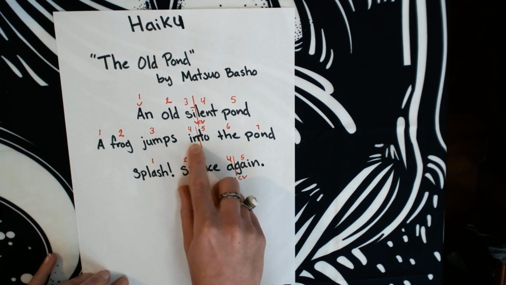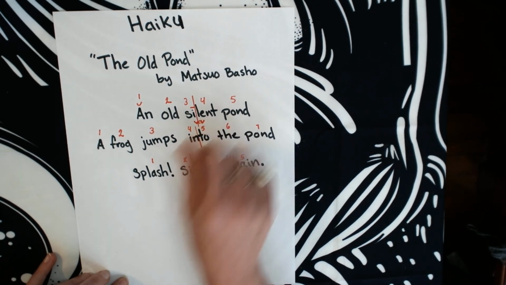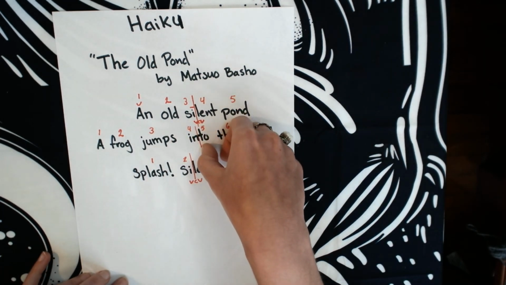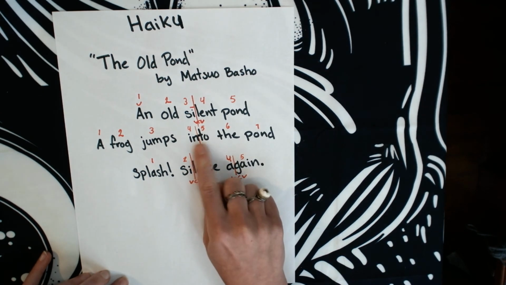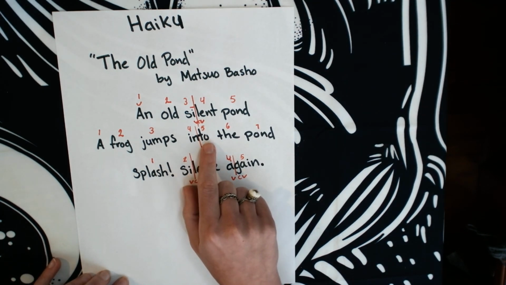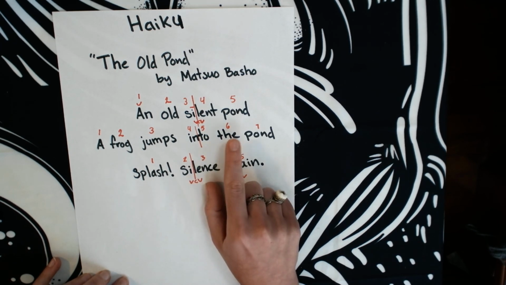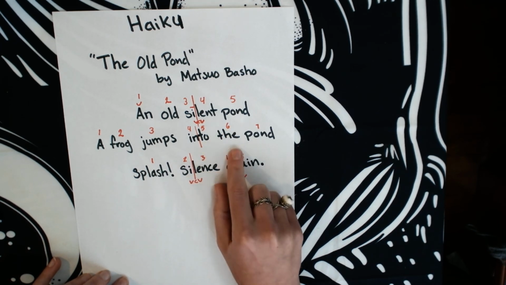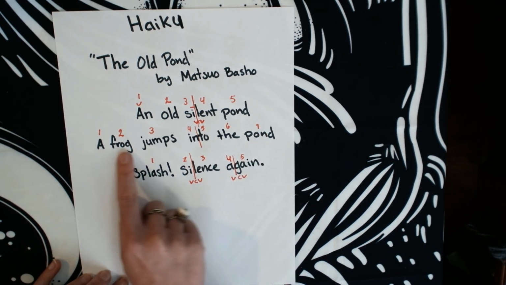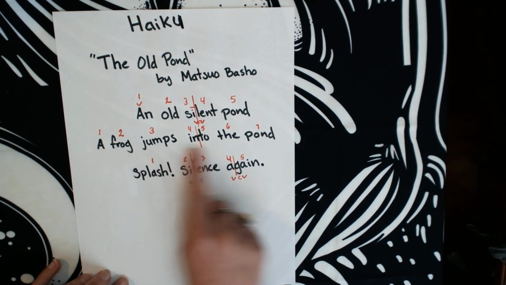I also noticed that these are 2 words I recognize. I know the word in, and I know the word to. Into. I use that compound word pattern of dividing syllables, divide between the 2 words I know, and that creates our 4th and 5th total syllable in the line so far. The, 1 vowel, 1 syllable. Pond, 1 vowel, 1 syllable. A frog jumps into the pond, a 7-syllable line.